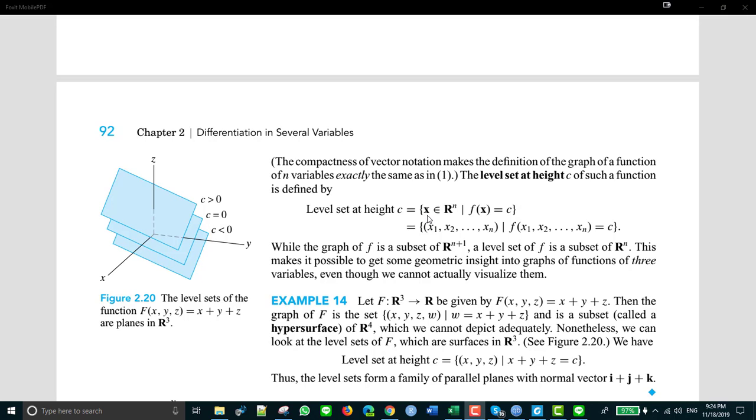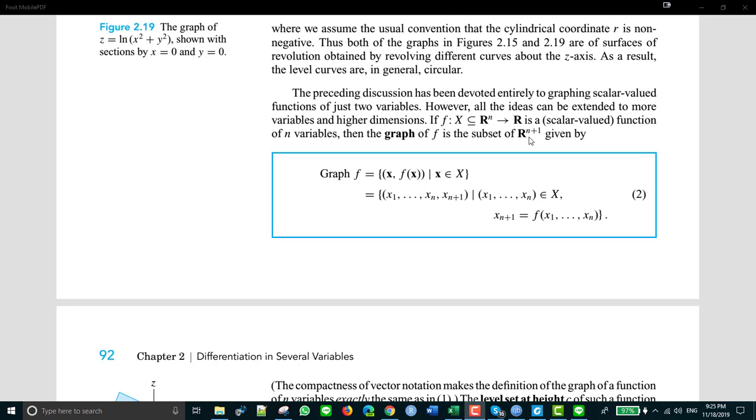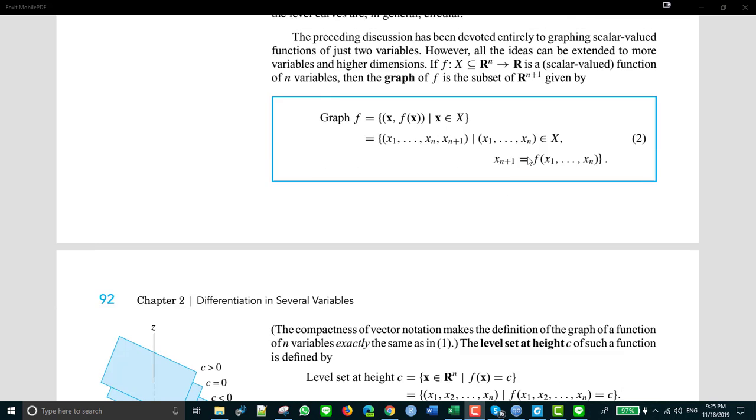Remember, before, when we were talking about a three-dimensional object, the level set was in 2 dimensions. So now if we're talking about an object which is in Rn plus 1, then the level set is going to be in Rn.